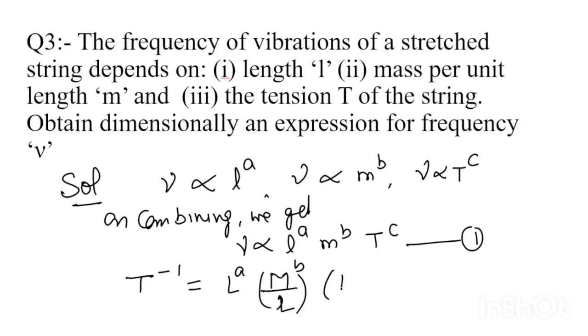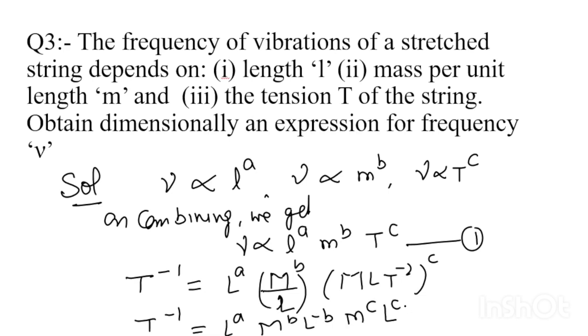Tension is the force, and the dimension of force is M L T minus 2 power C. So this we write T power minus 1, L power A, M power B, L power minus B, M power C, L power C, T power minus 2C.